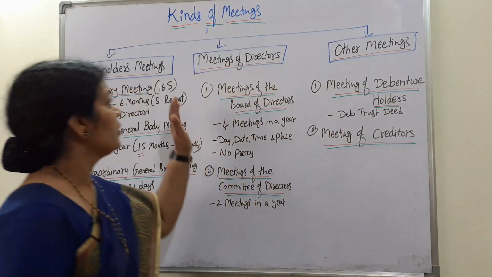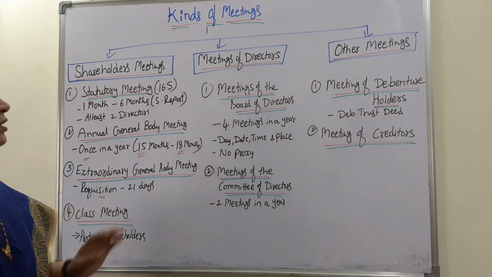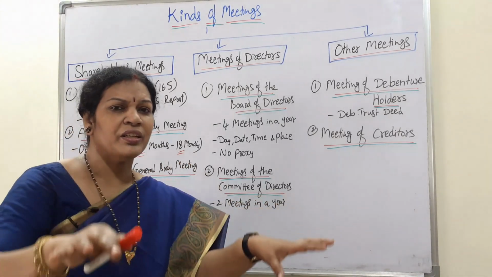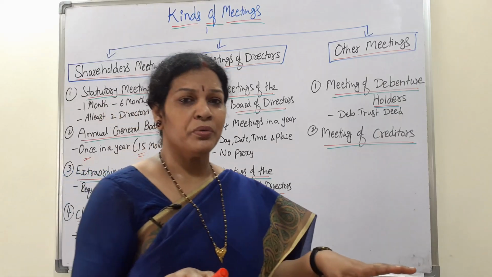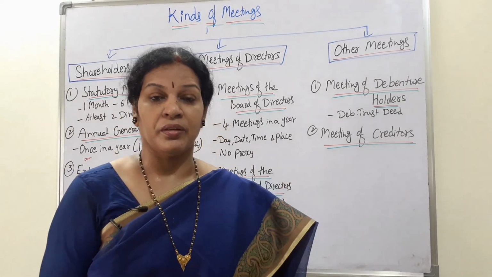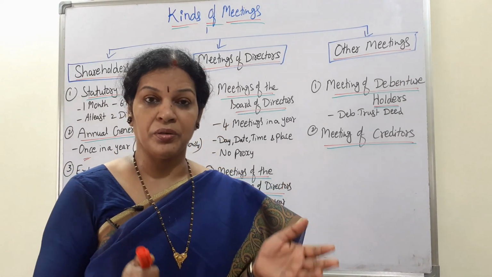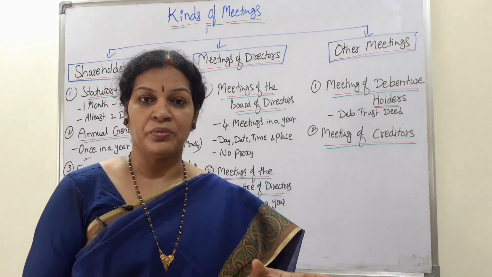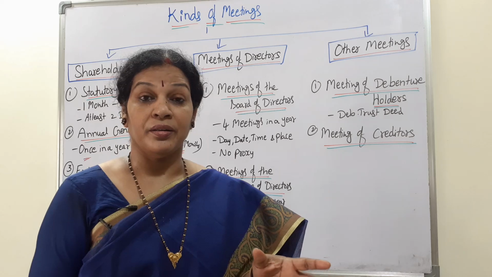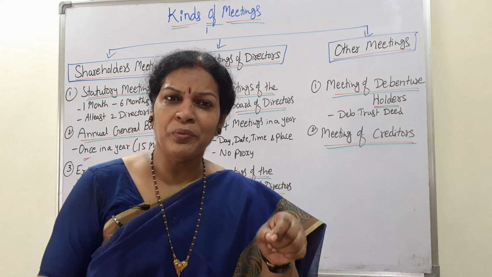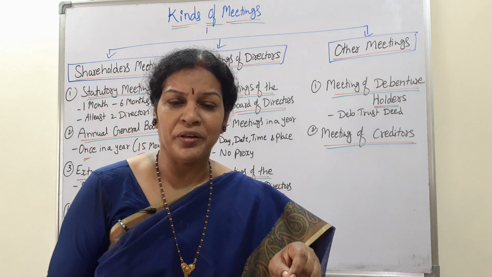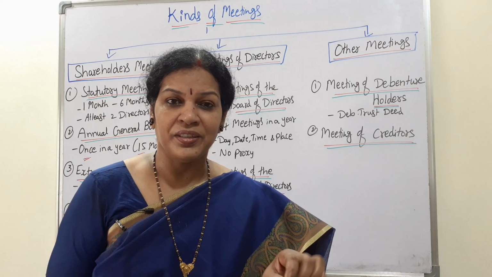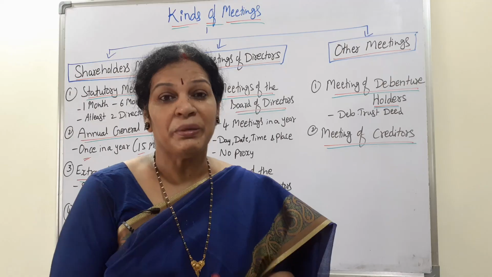Next one is the meeting of directors. A meeting of directors means generally only with the directors, when they want to discuss any great decisions, or when they want to take any turning points of the organization, and how or when they want to conduct the annual general body meeting and organization activities. Only the board of directors will be deciding.